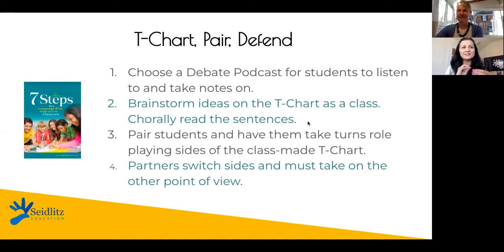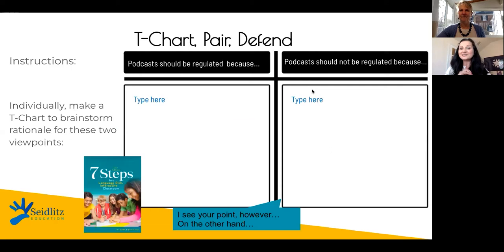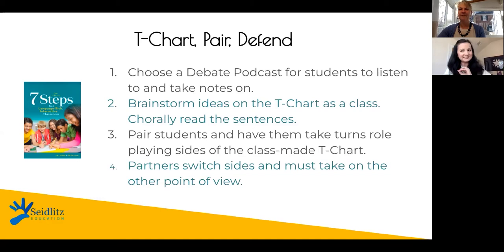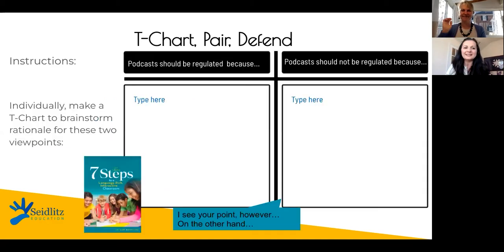Some students are going to read off the T-chart we created as a class, and others are going to elaborate and add more details because everyone's at a different proficiency level, and that's okay. They're all going to be at their own level of English proficiency. And finally, we're going to switch sides. Whatever side we had taken initially, we're now going to have to see the other point of view.